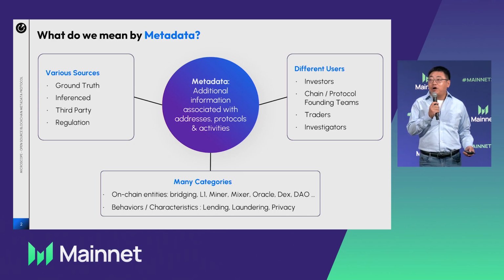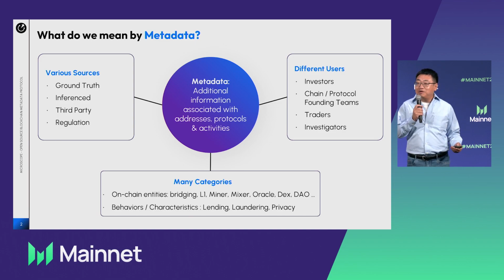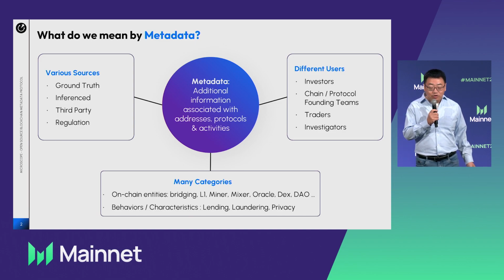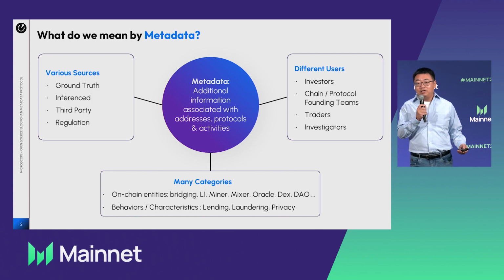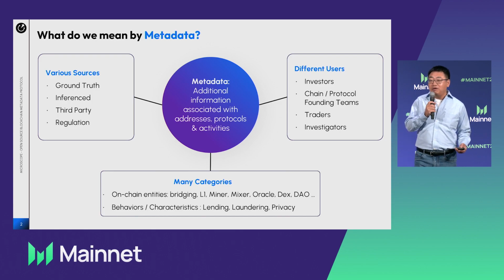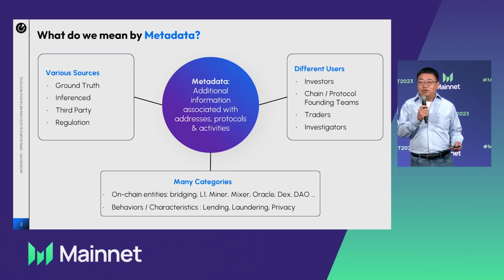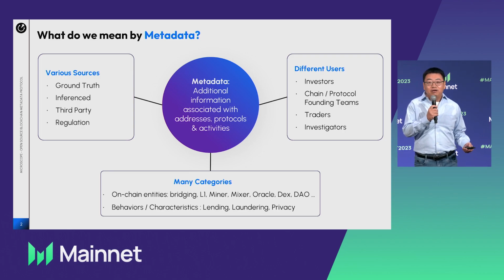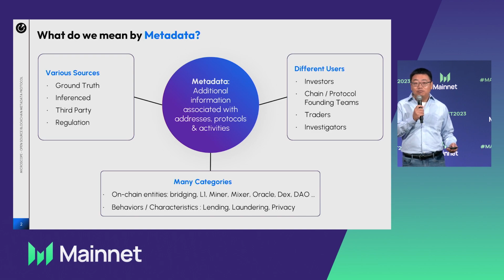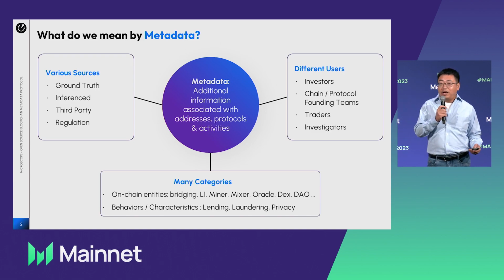It could be third party, like you look at Etherscan, or you scrape it from Twitter. It could come from regulation, right? If any of you deal with AML, you might work with, for example, OFAC, where the government periodically releases a list of addresses that are marked as illicit.